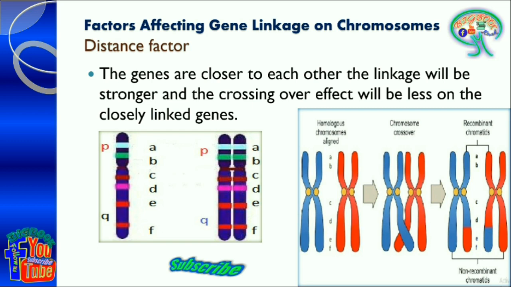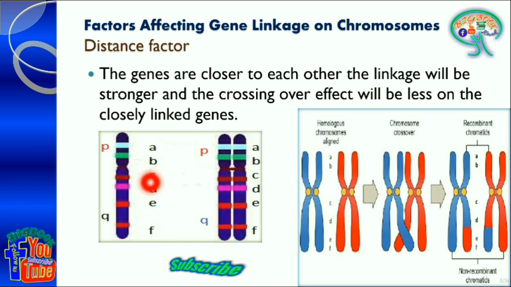So here the distance between A and F is also the farthest one, and it has also been separated from the centromere. So the genes that are far away in distance are very likely to get recombined.